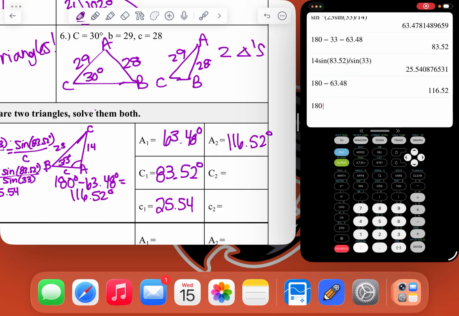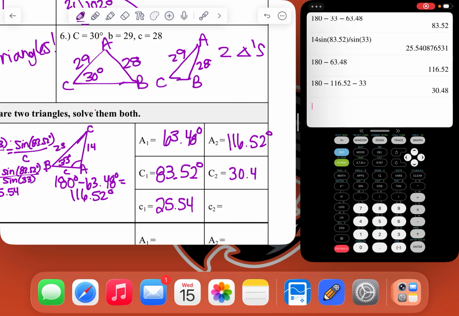So if we do 180 minus that, minus the 33 they gave us, that tells us that angle C would have to be 30.48 degrees. Because all three still have to add to 180 degrees. And now we can use that to find the measure of side length C again.